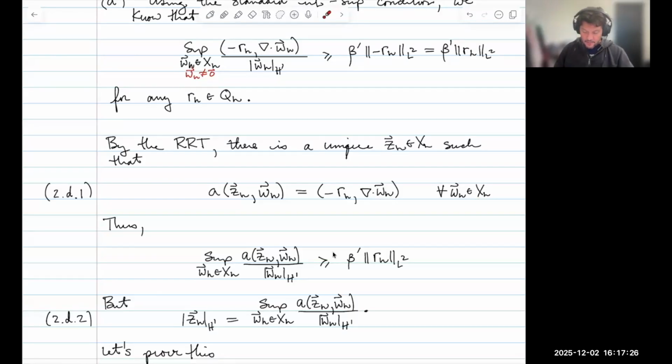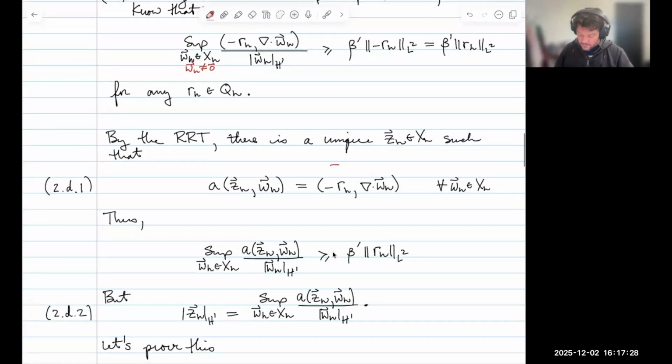So I could define it like this, as just some linear functional. But in order to use the Riesz representation theorem, I need to show that it's bounded. It has to be a bounded linear functional. Not hard to show that at all. So Riesz representation guarantees the existence of that.